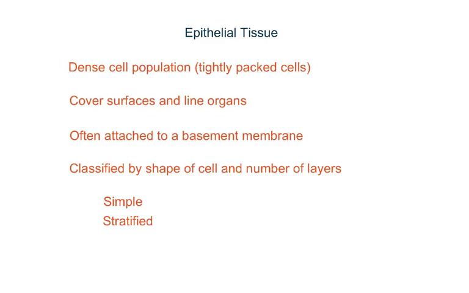So already you can imagine your skin. If I were to give you a choice between simple and stratified, I hope you would choose stratified, because there's definitely more than one layer of cells in your skin. Otherwise you'd scratch your arm and just bleed out. No, there are many, many layers of squamous cells.